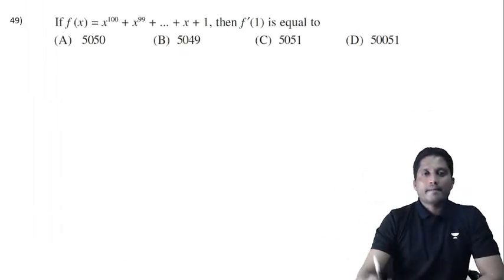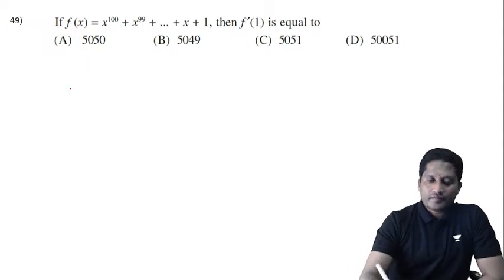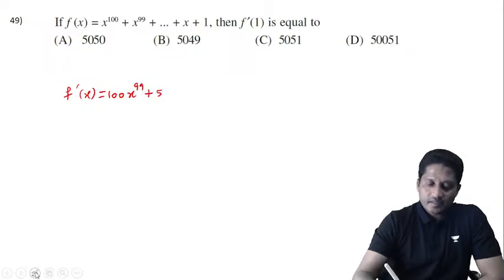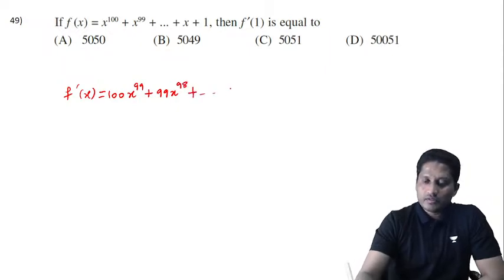Question number 49. F dash of x is equal to 100 into x to the power of 99, plus 99 into x to the power of 98, and so on. Differentiation of x is 1, differentiation of 1 is 0.